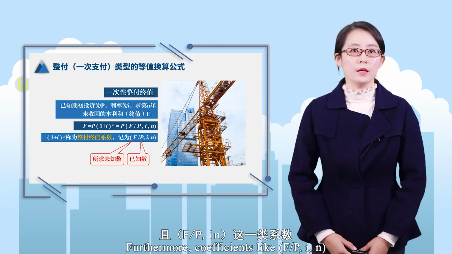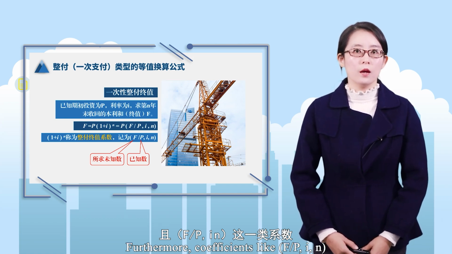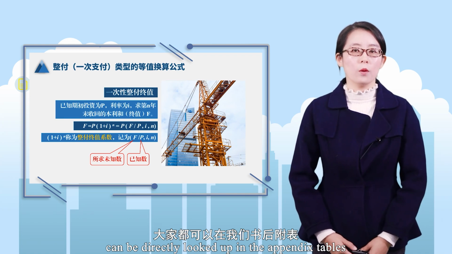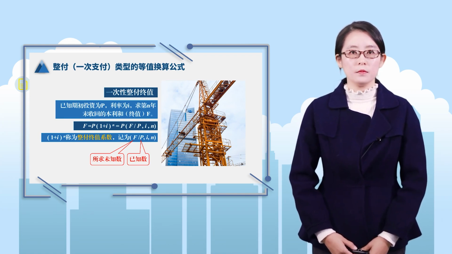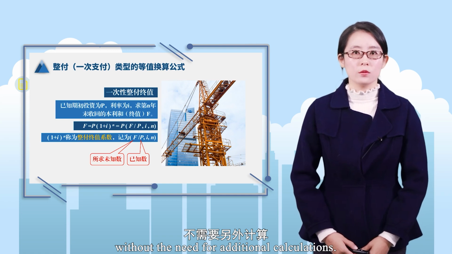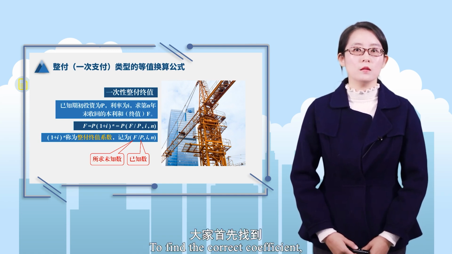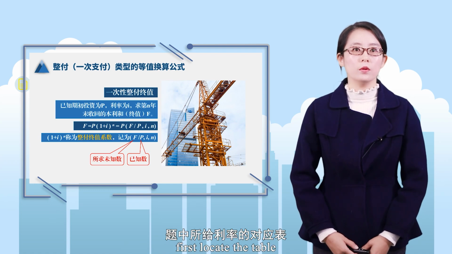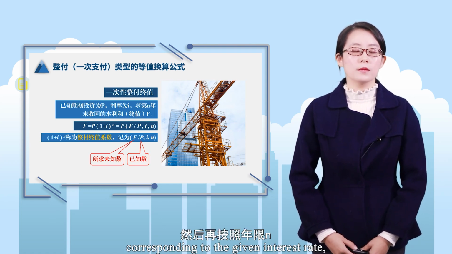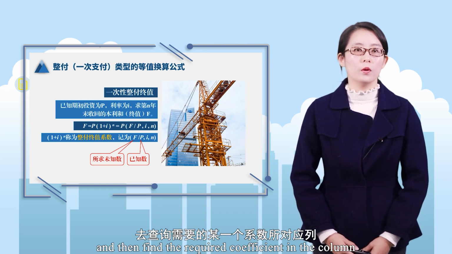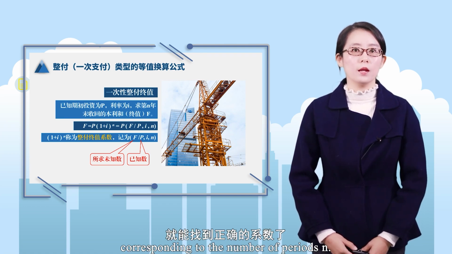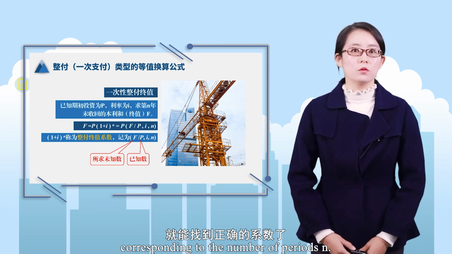Furthermore, coefficients like (F/P, I, N) can be directly looked up in the appendix tables provided in our textbooks without the need for additional calculations. To find the correct coefficient, first locate the table corresponding to the given interest rate, and then find the required coefficient in the column corresponding to the number of periods N.